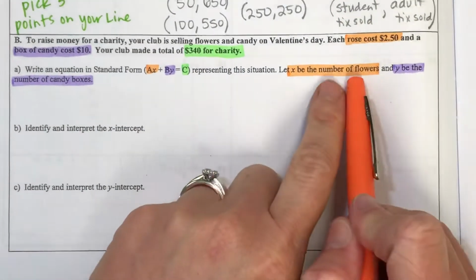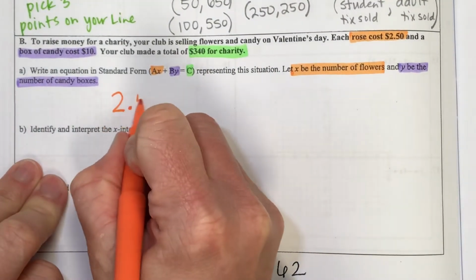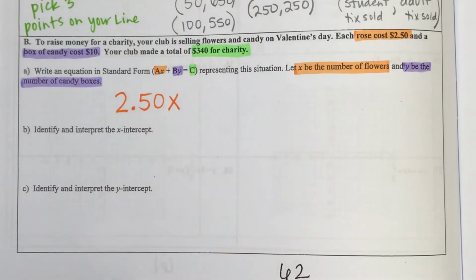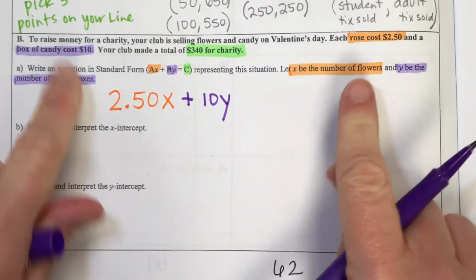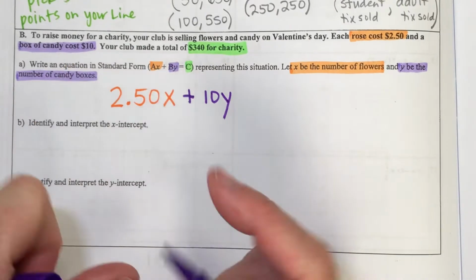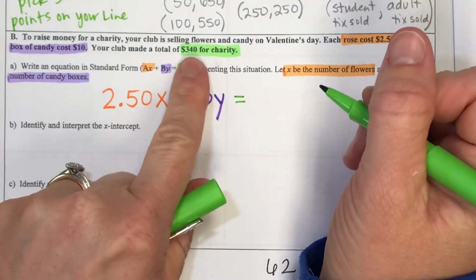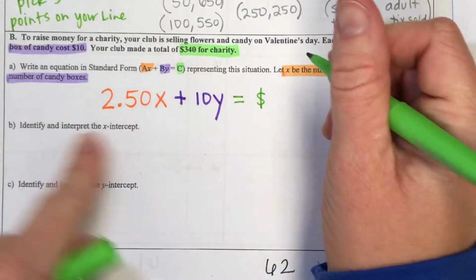So my equation in standard form would be $2.50 per x, meaning roses, plus $10 per box of candy, which we highlighted in purple for representing the y term, equals the amount of money that we made for charity, $340.